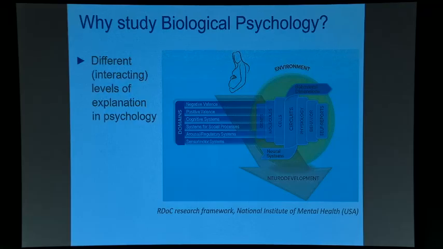We may be able to identify particular circuits in our brain, particular networks of neurons that become active when someone feels anxious. And then we can go even lower level to the level of cells and molecules and genes. So we might be able to identify particular genes that some people carry in their DNA and others don't, that make it more likely that they will experience an anxiety disorder during their lifetime.